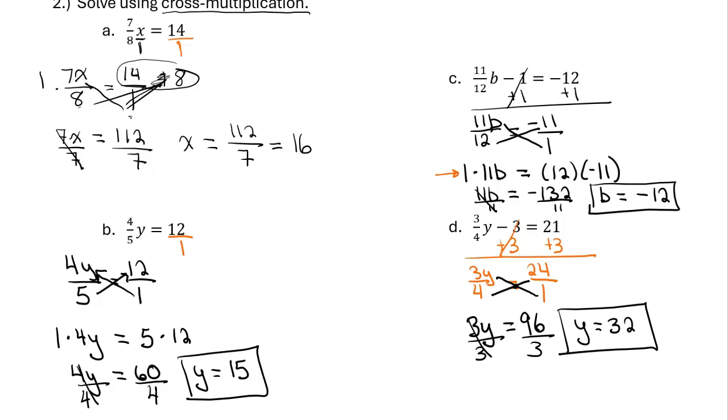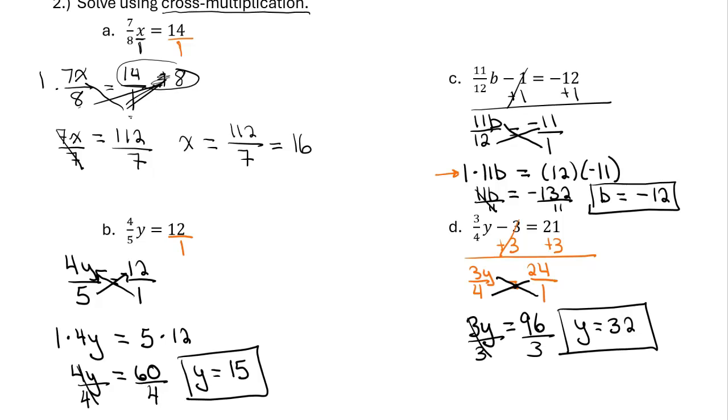So again, we learned multiply by the reciprocal to get the variable by itself, or use cross multiplication. Instructions may tell you to use one over the other. Don't run away from the one that you're most uncomfortable with. The only way to get comfortable is if you do the things that you don't like, right?